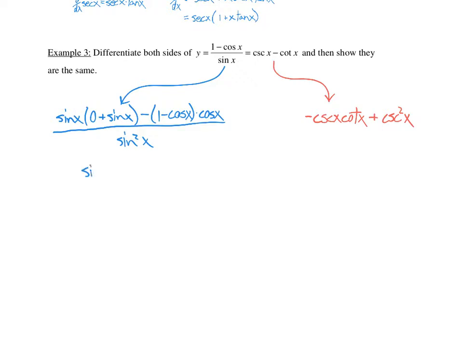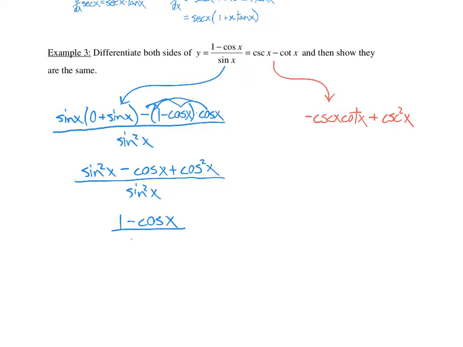We have sine squared minus cosine plus cosine squared, all over sine squared x. How about the one? We distribute the cosine to both of these, and we distribute the negative to both of these, so that's why I got a minus cosine in the middle. Can you use sine squared x plus cosine squared x is just 1? Yeah, you can. Okay, so now we've got that's just a 1 minus cosine x over sine squared.